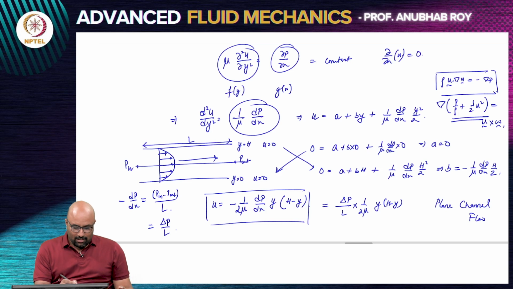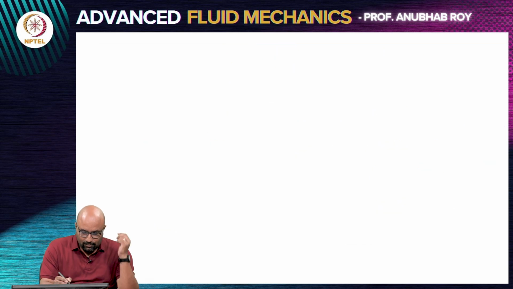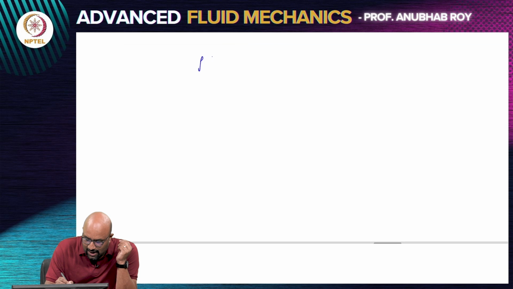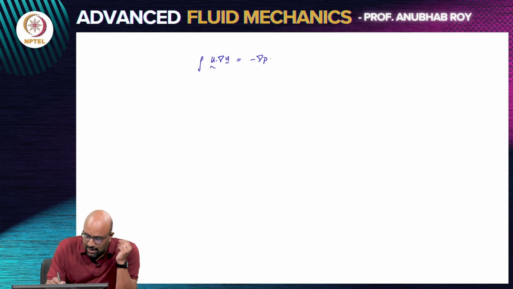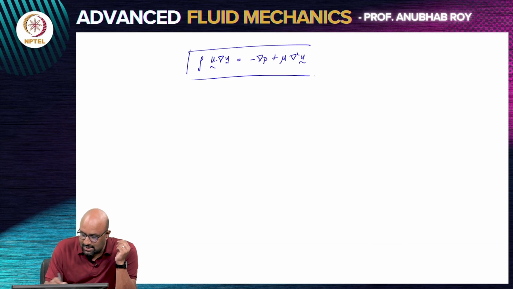So in the complete problem, what you have is u dot del u equals minus grad p plus mu del square u. This is the full steady state equation.